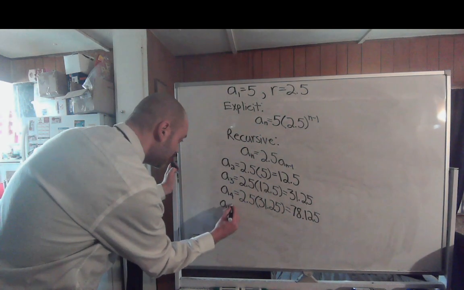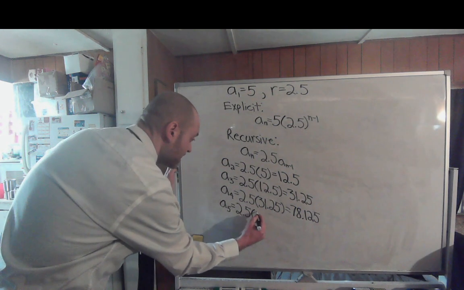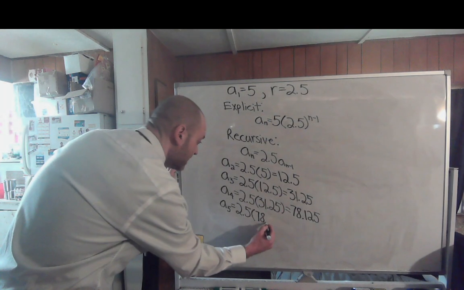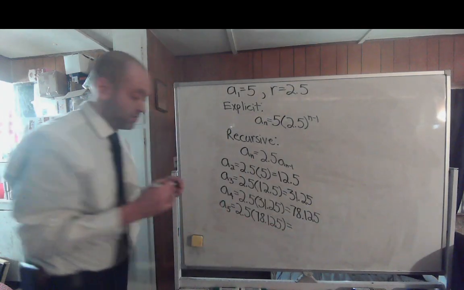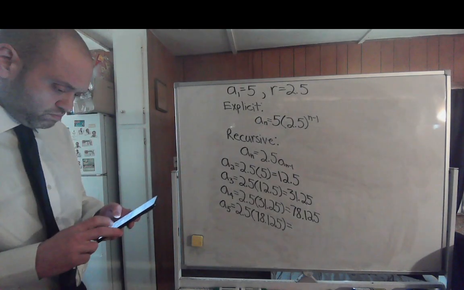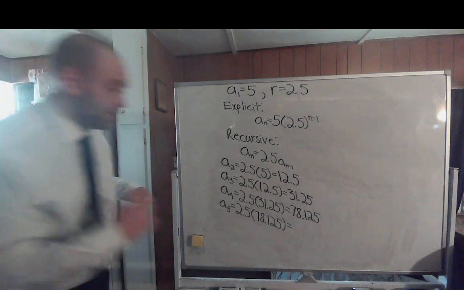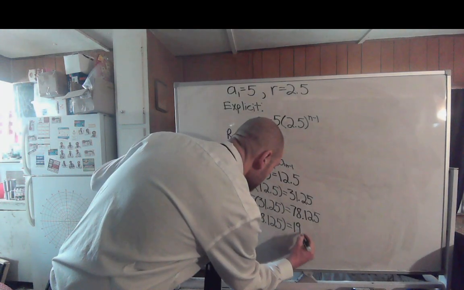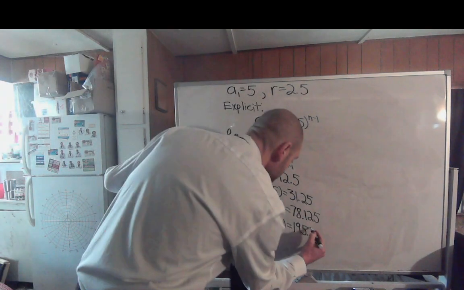A sub 5 would equal 2.5 times that a sub 4, which is 78.125. Let's see what we get for our fifth term. So we get 195.3125.